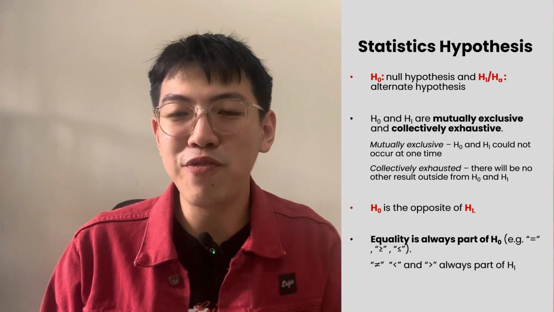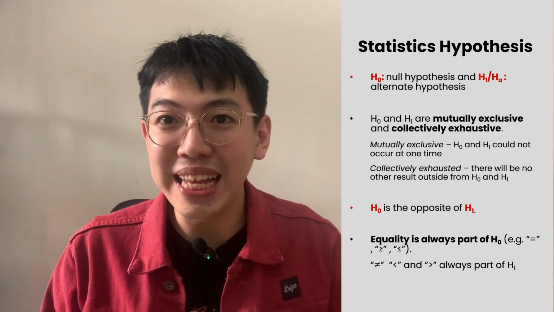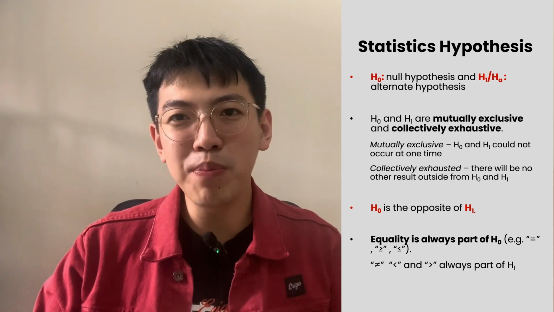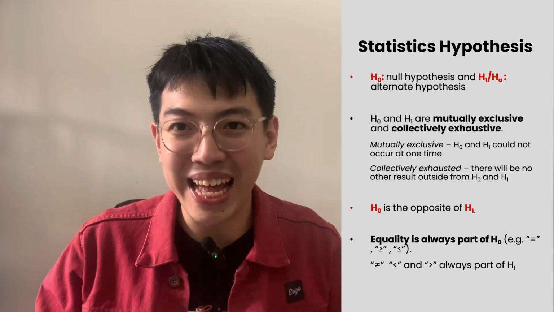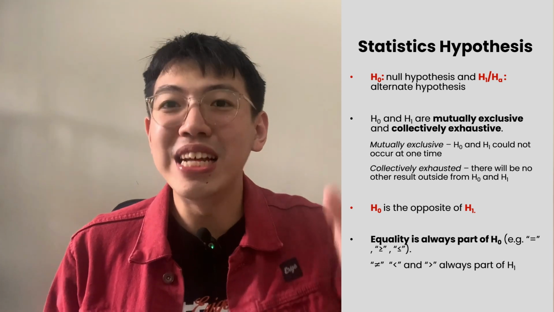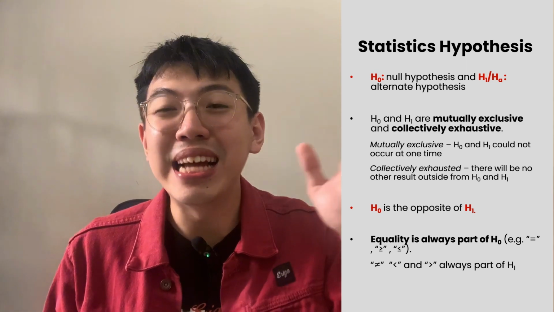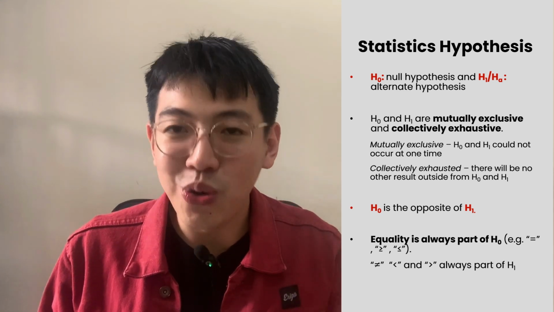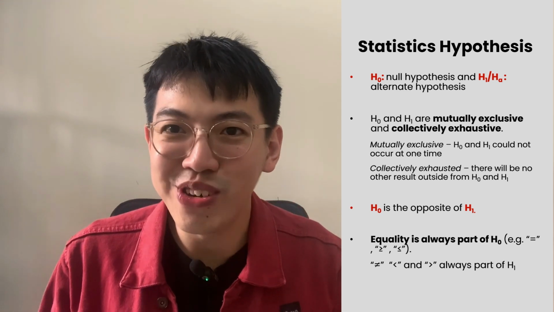It is impossible for you to put more than into H0 because there is no equality. It is impossible for you to put less than in H0 because there is no equality. So, the signs that can be put in the H0 are equal, more than or equal, less than or equal.